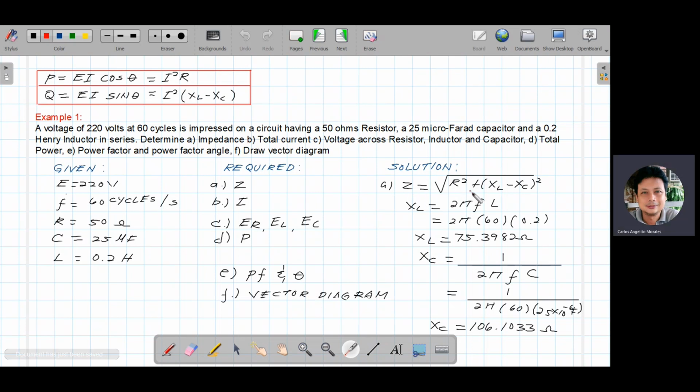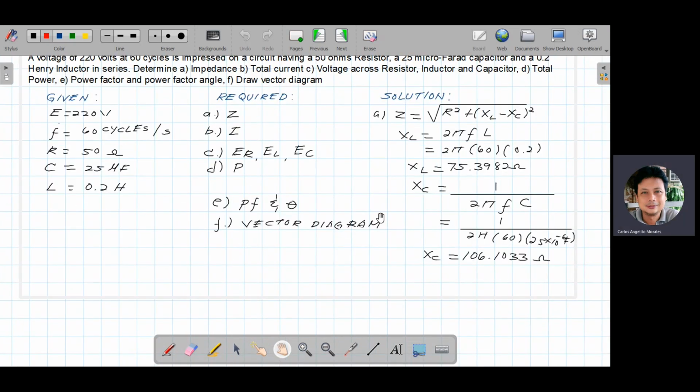Solution, yung impedance is square root of R squared plus XL minus XC squared. Ang XL or inductive reactance is 2 pi FL. So 2 pi times 60 times 0.2, makakakuha ka ng 75.3982 ohms. So, ang capacitive reactance is 1 over 2 times pi times the frequency times the capacitance.